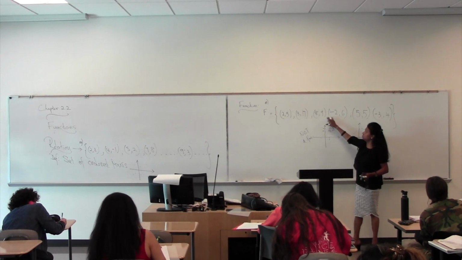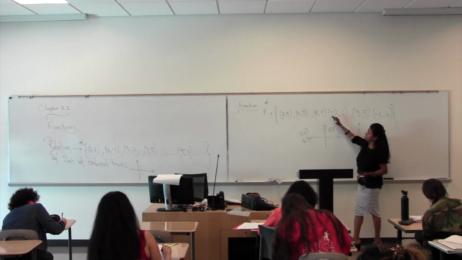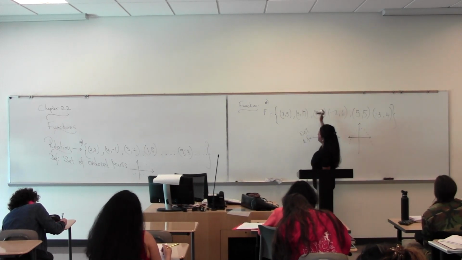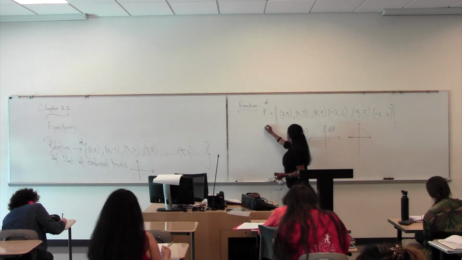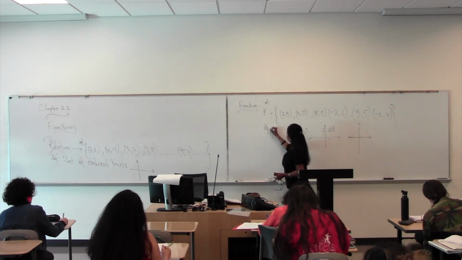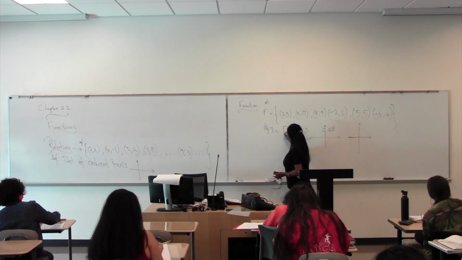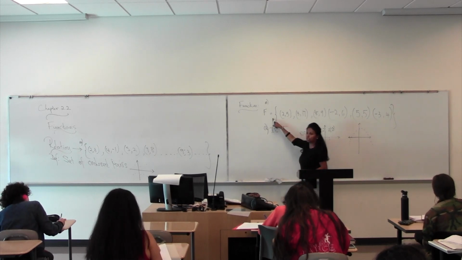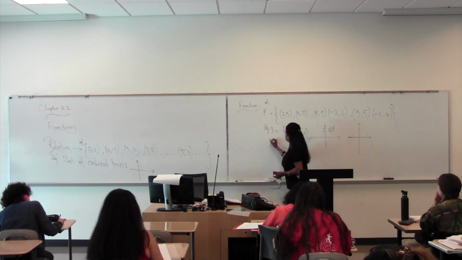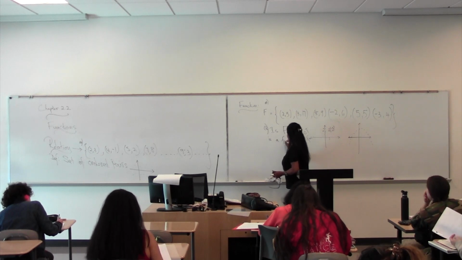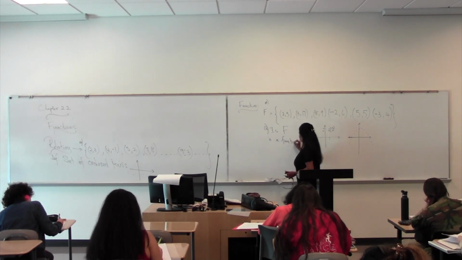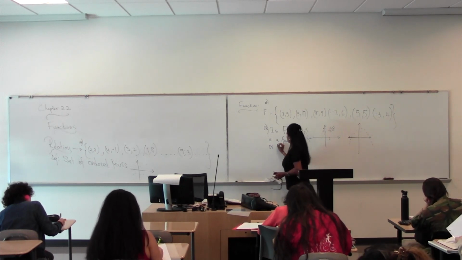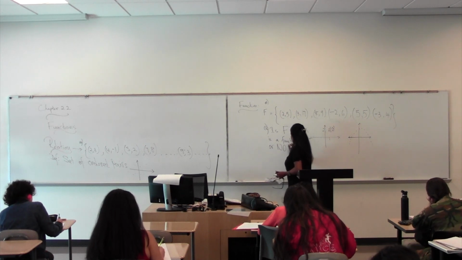But now apply this. For an example, if you're given a set of ordered pairs, the question here is: f, this set of ordered pairs is called f, is it a function or not? So what do you need to do?